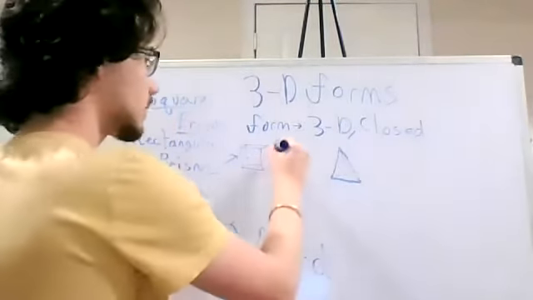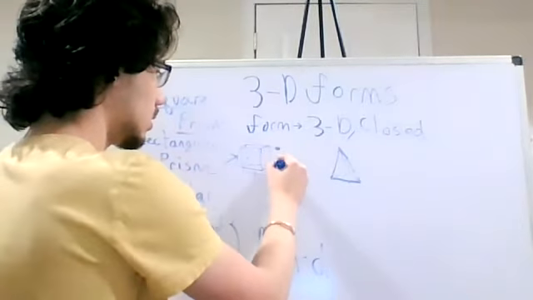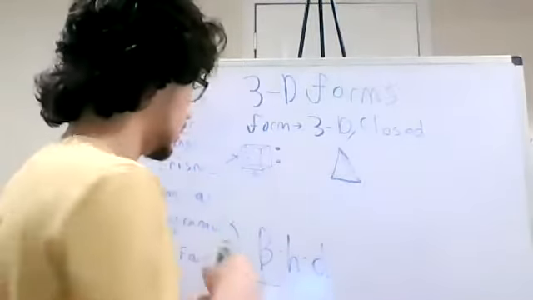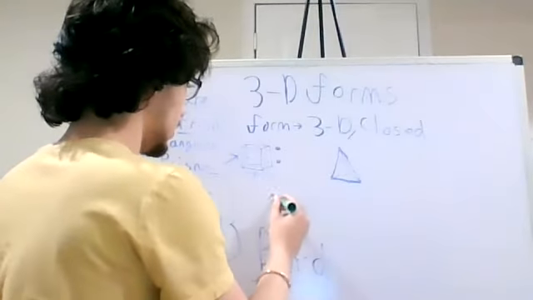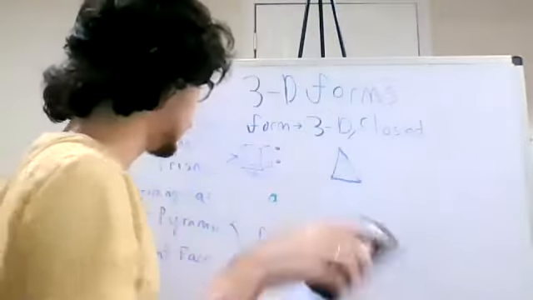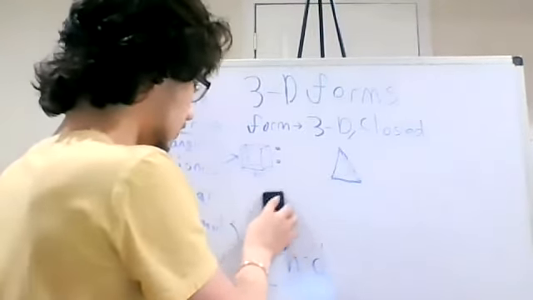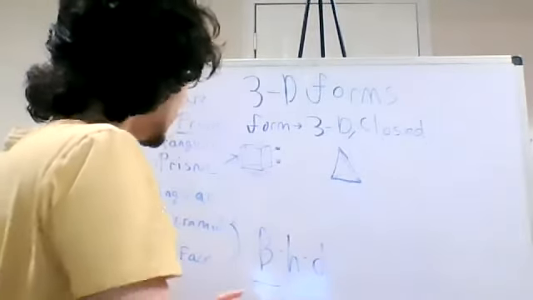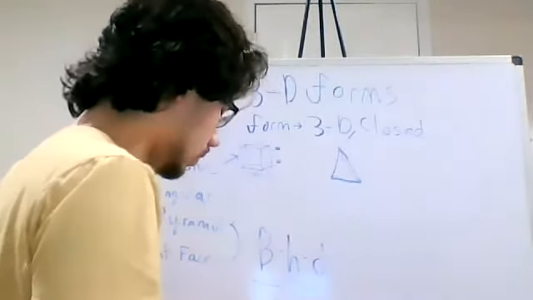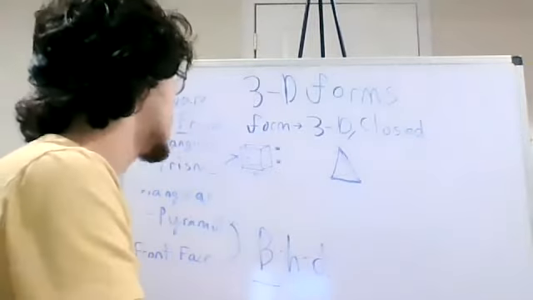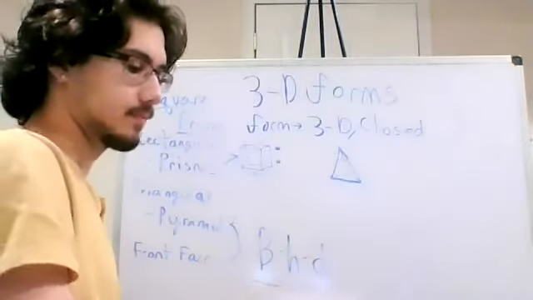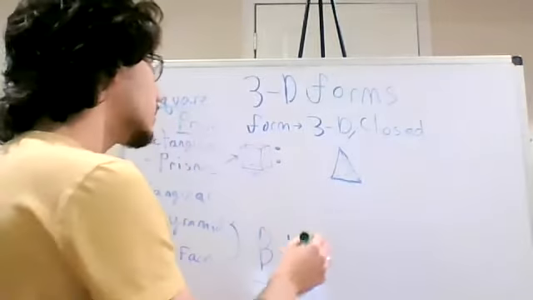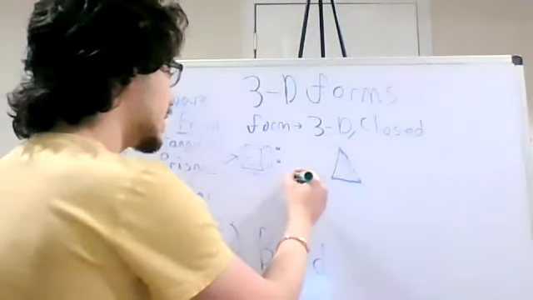So, one example of a prism would be a rectangular prism where we say rectangle, so we know that the base must be a rectangle.